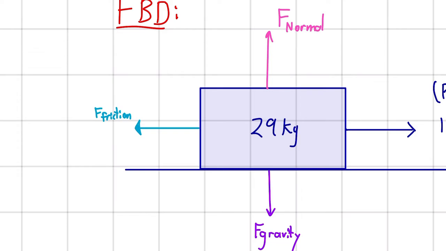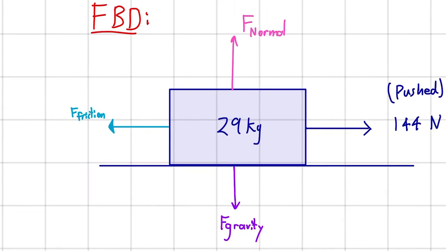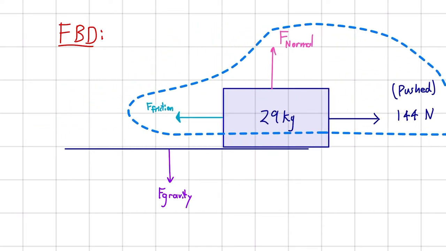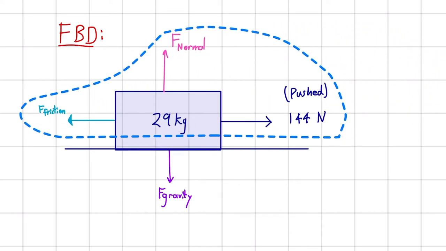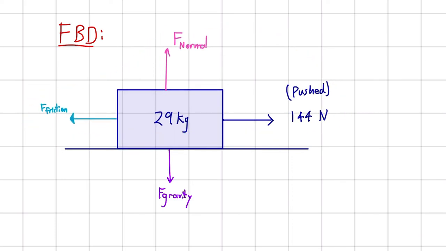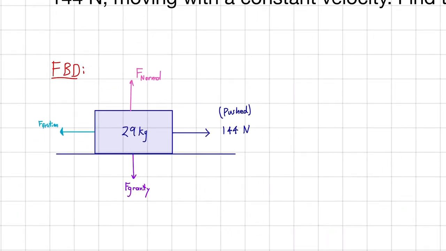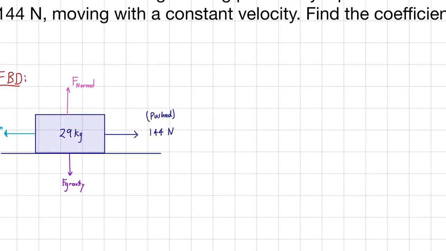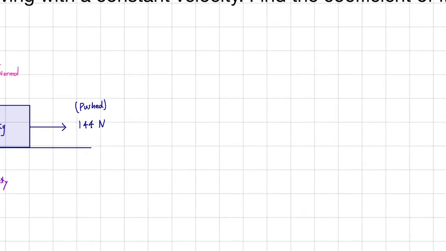Remember, the direction of the friction force is always opposite to the direction that it's actually moving. So now that we've got our free body diagram drawn and labeled appropriately, let's move on with the question.